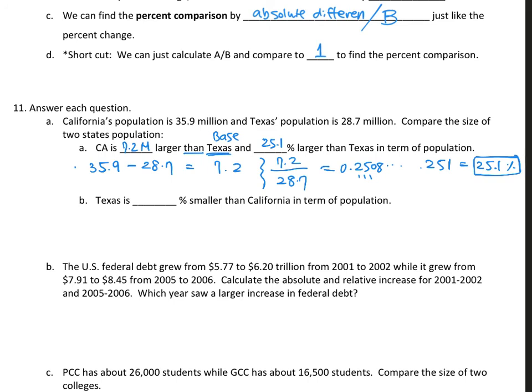If I do the shortcut way for the percent comparison, I could have just done California 35.9 over Texas 28.7. When you calculate this out, you get 1.2508 something. So again, 1.251, I can round off.